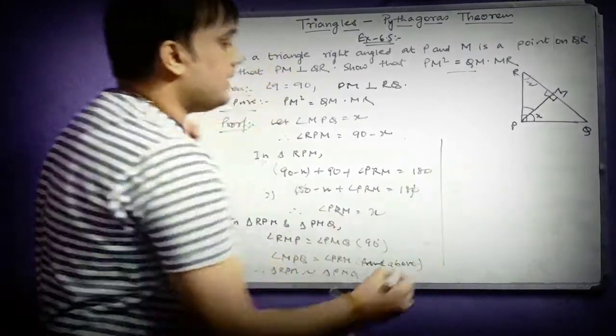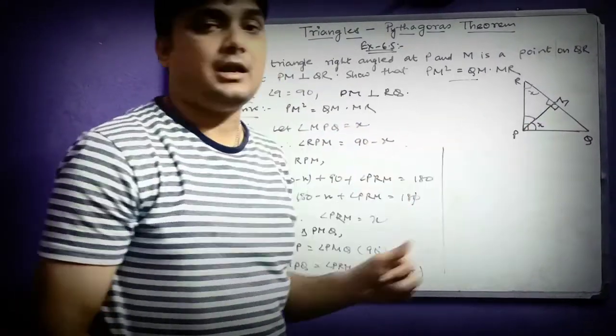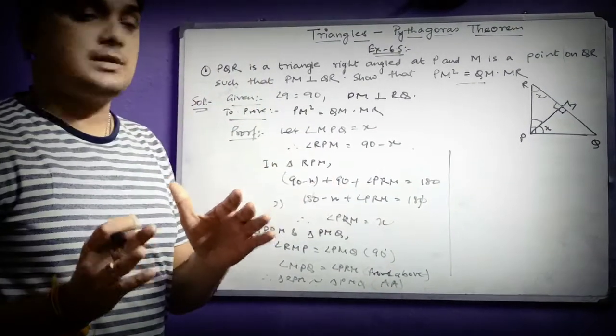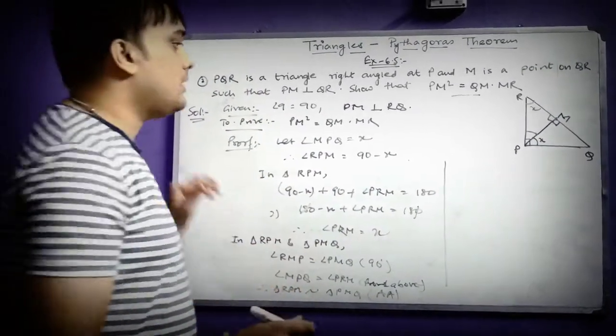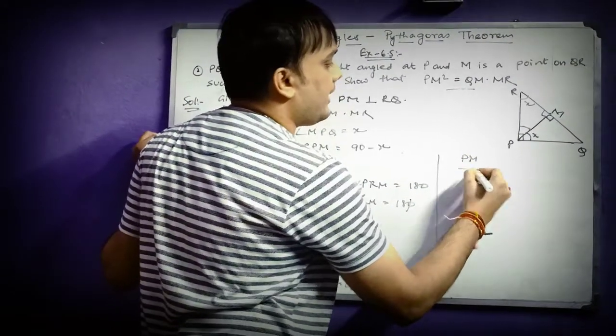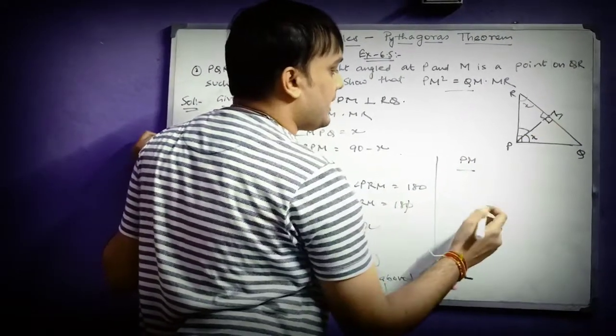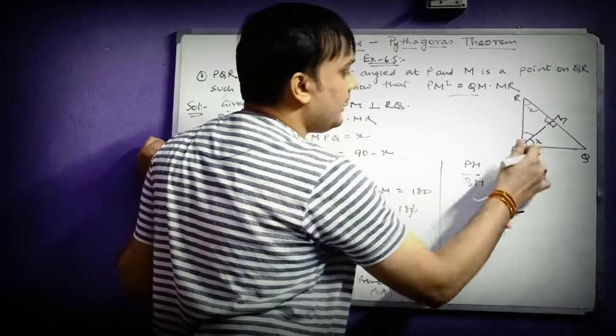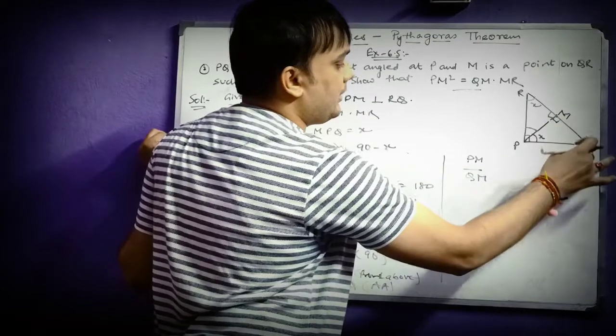Now the main part. If these two triangles are similar, then what conclusion do we get? If two triangles are similar, the corresponding sides are proportional. That means we can write PM divided by QM.